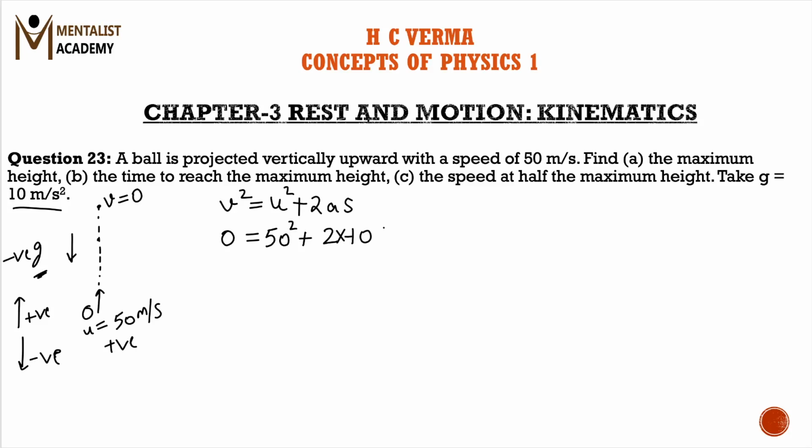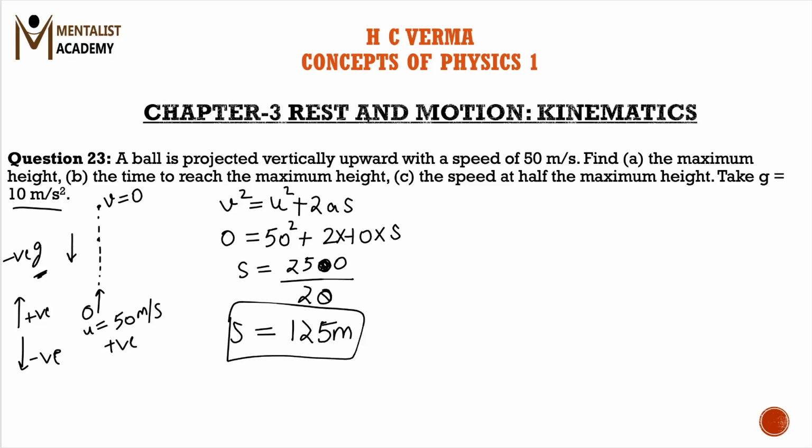So the value of s would be 50 square, that is 2500, divided by 2 into 10, that is 20. So the value of s would come out to be 125 meters. S would be 125 meters.